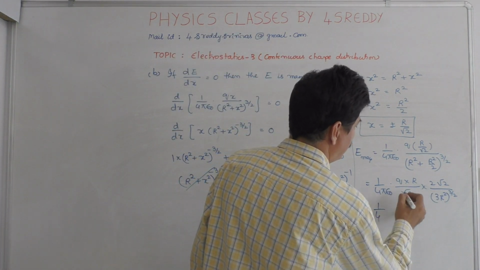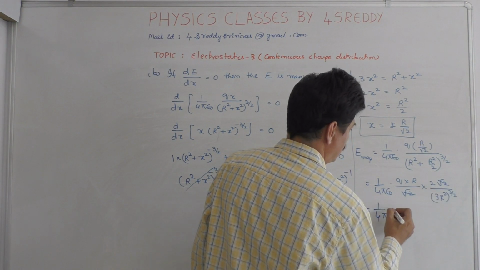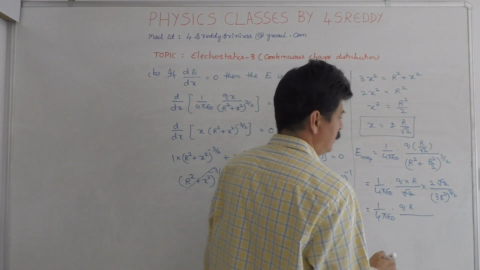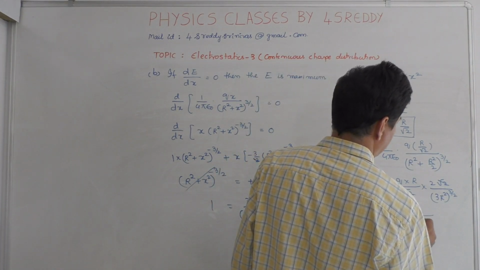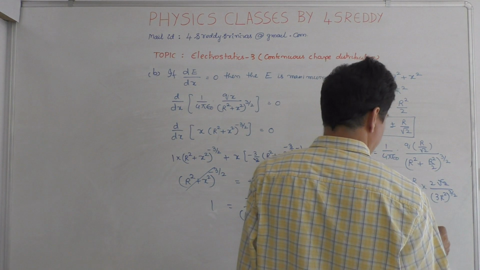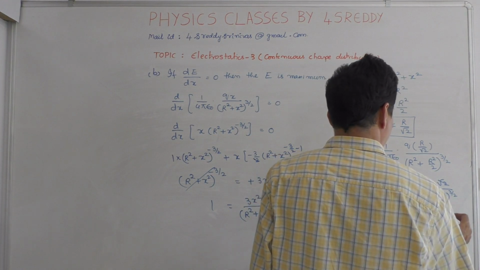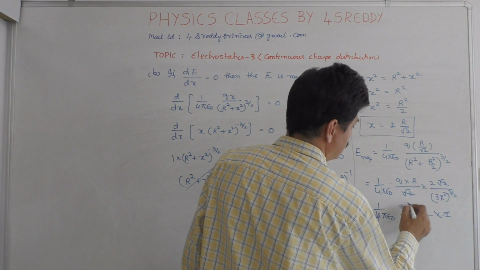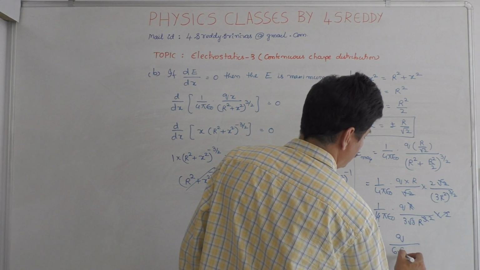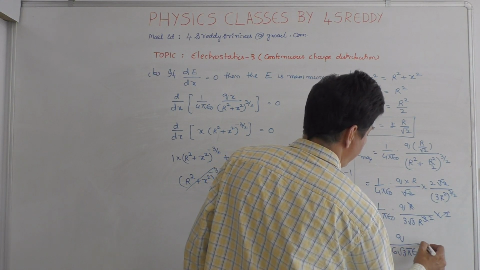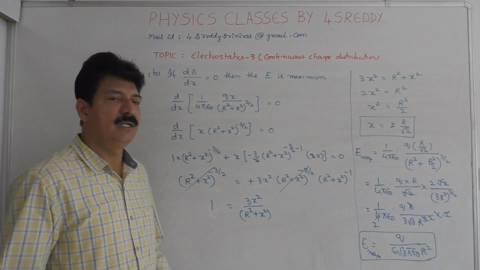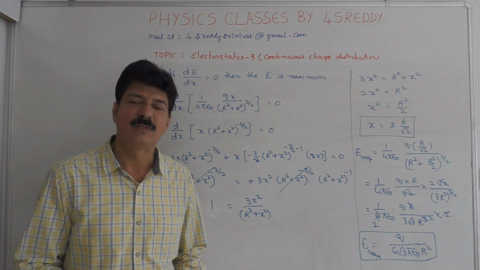That is 1 by 4 pi epsilon naught q into r by root 2 into 2 root 2 by, how much is this? 3 cube, 27, 3 root 3 r cube. Therefore, the 2 cancels, this r square cancels, therefore it is q by 6 root 3 pi epsilon naught r square. This is the maximum value of electric field intensity in the first case.